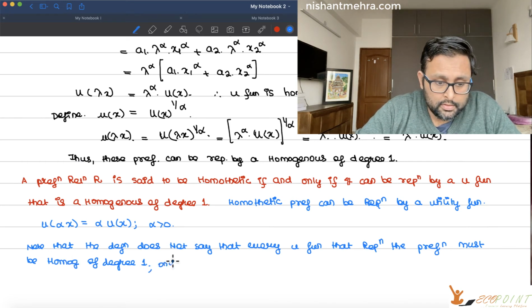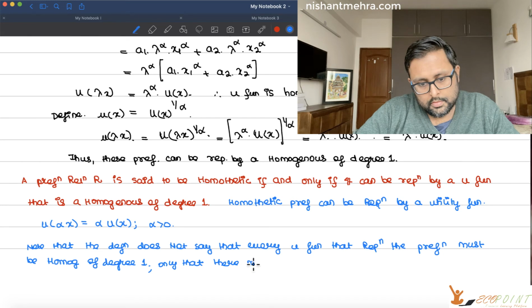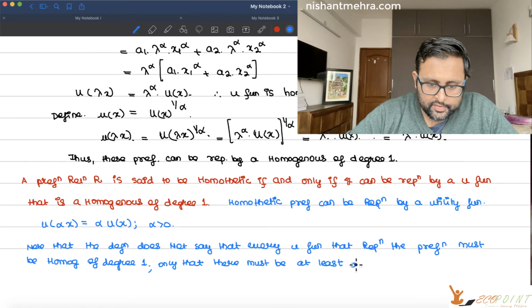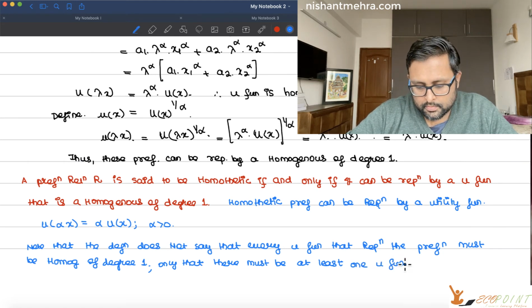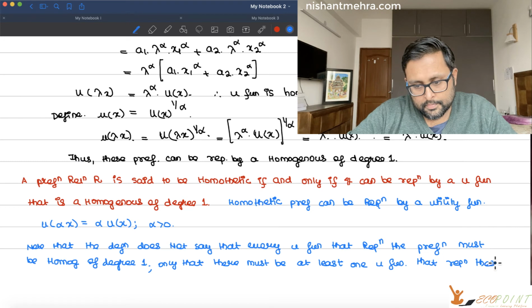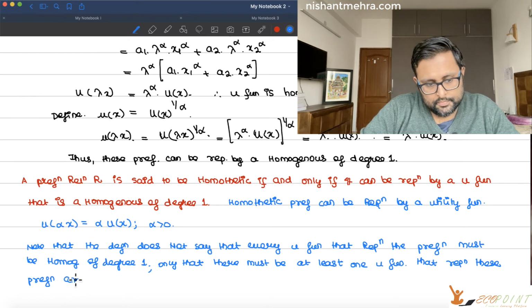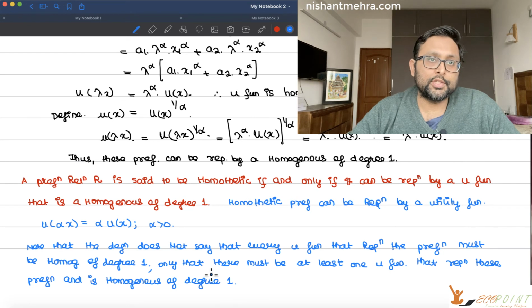It is only saying that there must be at least one utility function that represents these preferences and is homogeneous of degree 1, right?